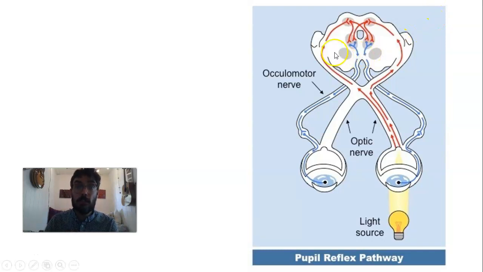So if you want to check for serious damage to the brain after a traumatic injury or perhaps a concussion, this is a very simple way to look for severe damage to areas like the midbrain. And so this is the pupillary reflex. So after a severe head injury, one of the first tests that you can do with something as cheap as a light bulb is to check for a normal pupillary reflex.